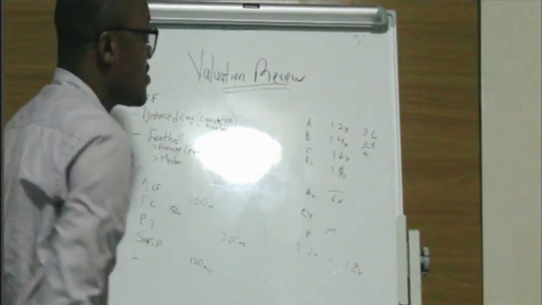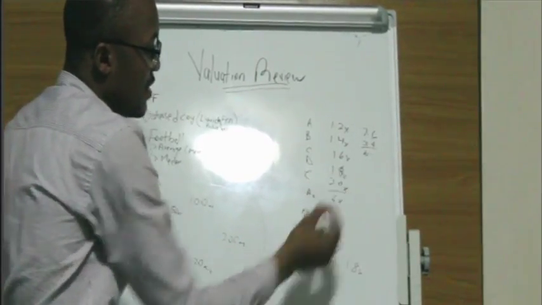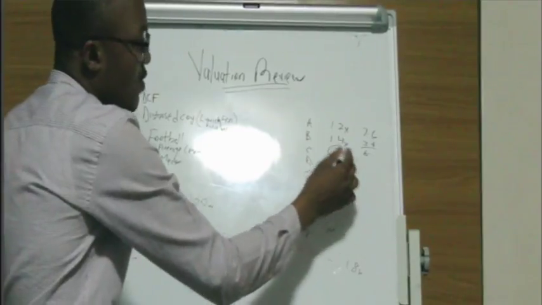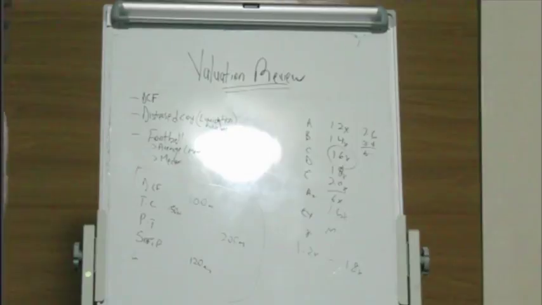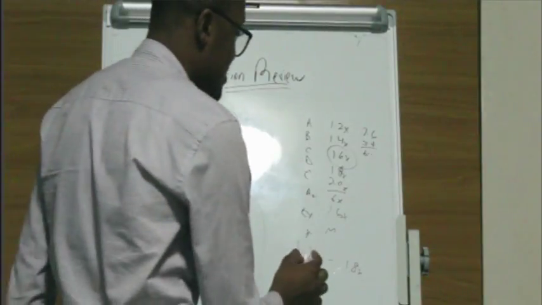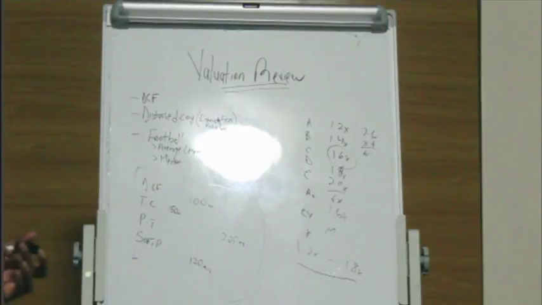Okay, let's add company E. Company E is 2 times. So the median of this will be 1.6. So you now apply 1.6 to the enterprise value or whatever line item it is, and then you come up with a value. Like you said, which is a very valid point, it's ideal that you come up with a range, 1.2 times to 1.8 times. So that is that.